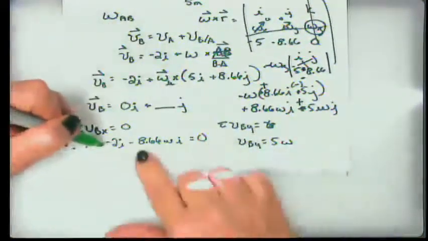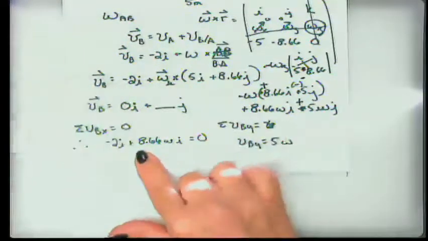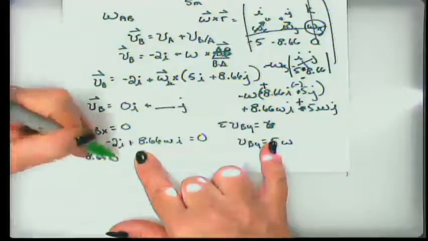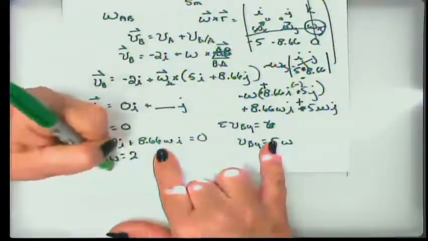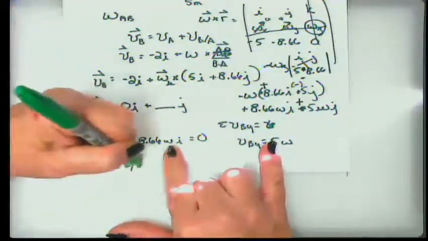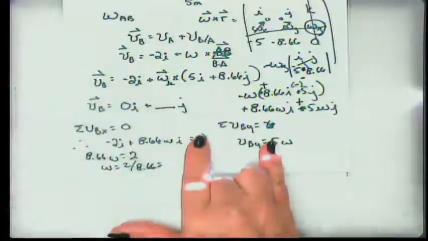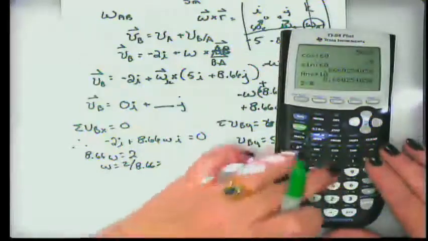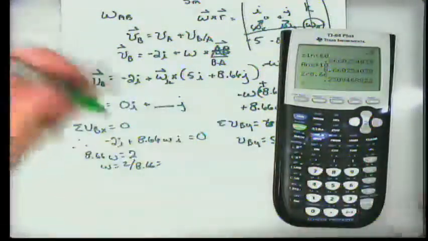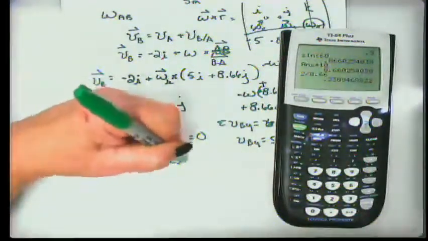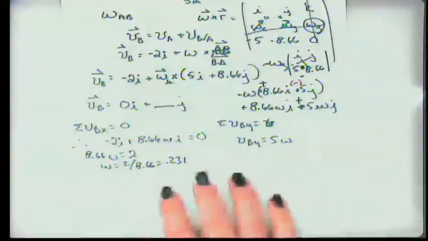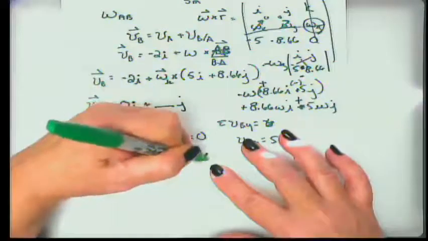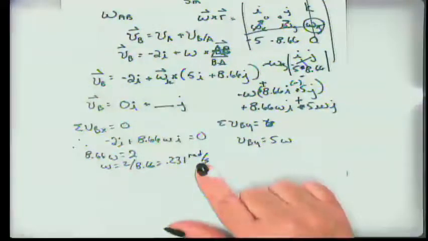Okay, so if I do that, I get this value here, and then I get 8.66 omega equals 2, or omega equals 2 over 8.66, which is 0.231, carrying out an extra decimal point, and that's going to be in radians per second because I've got all my units dimensionless.